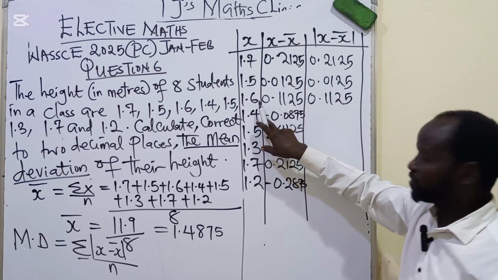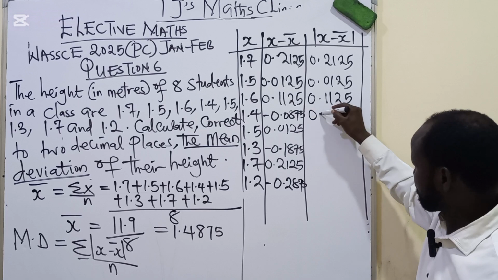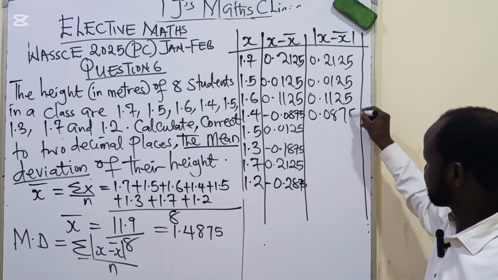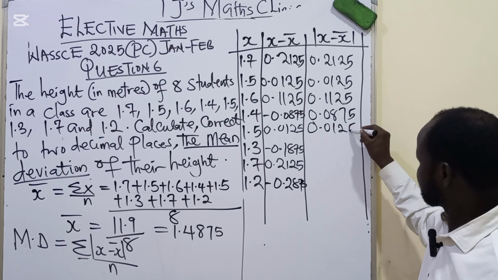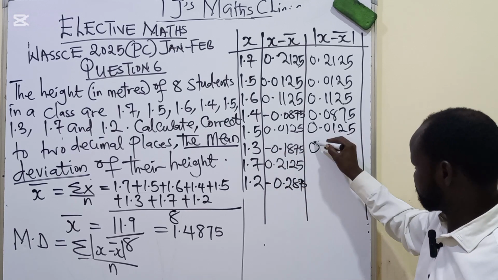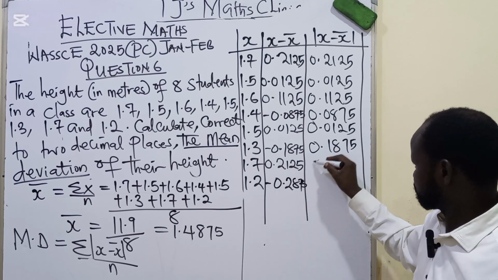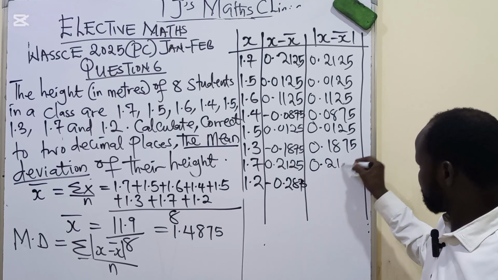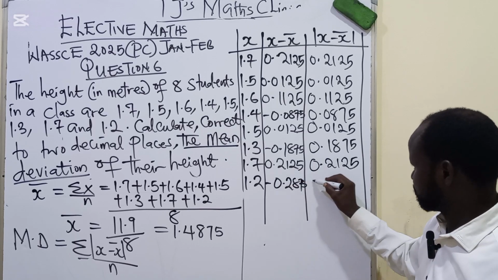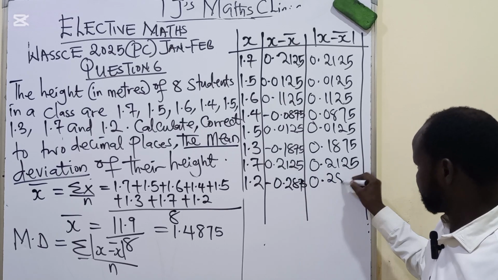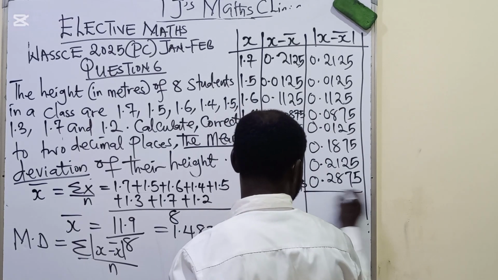When you take the absolute value of negative 0.0875, it will be positive 0.0875. Next remains 0.0125. Negative 0.1875 becomes positive 0.1875. Next remains 0.2125. The last, negative 0.2875, becomes positive 0.2875.